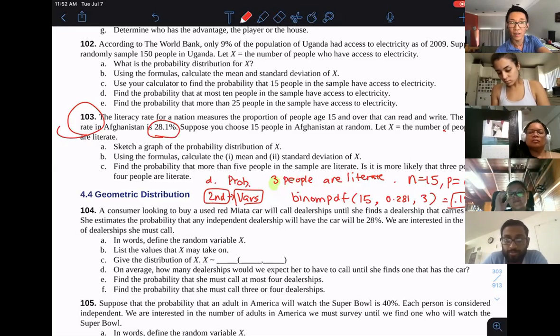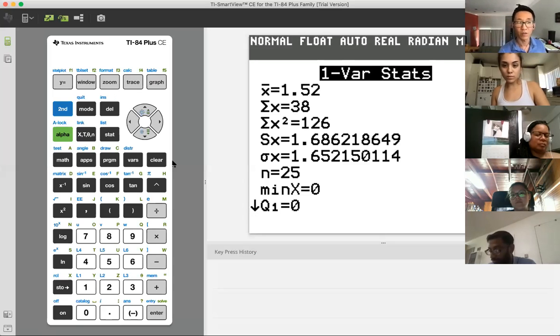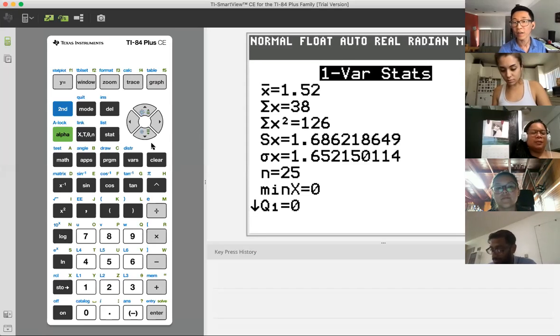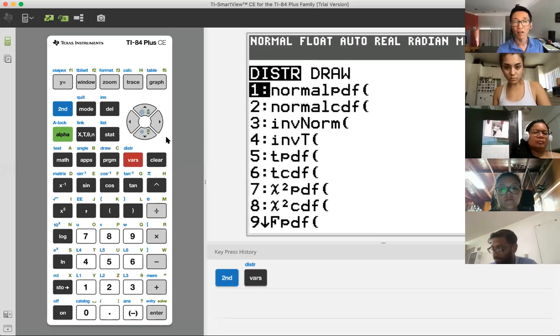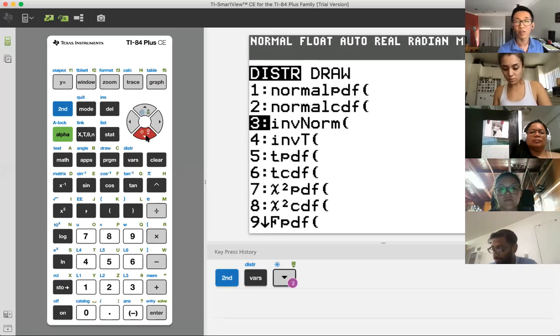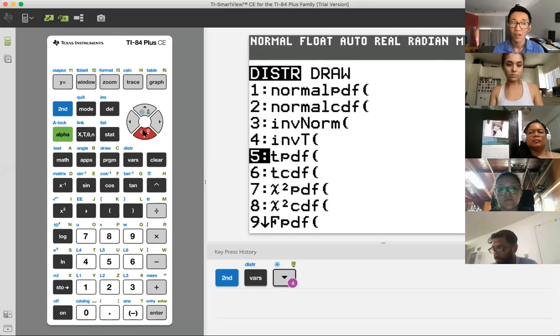Here, let me project this screen here. So, okay, can you see the calculator okay? Yeah. So it's going to be second vars under distribution. And we'll just scroll down, so this is not normal, this is binomial, right? So I'm going to scroll down to binomial PDF.